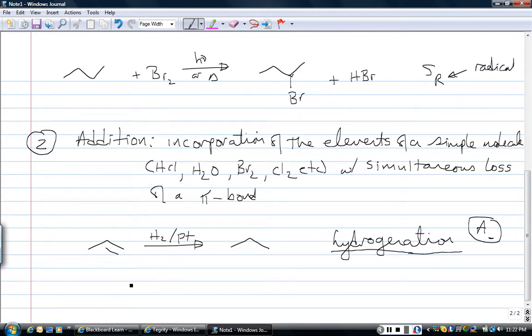If I take the same compound and I treat it with chlorine, what I'll make is this compound. I'll make the 1,2-dichloro product, and this would be a chlorination, in other words, addition of chlorine.